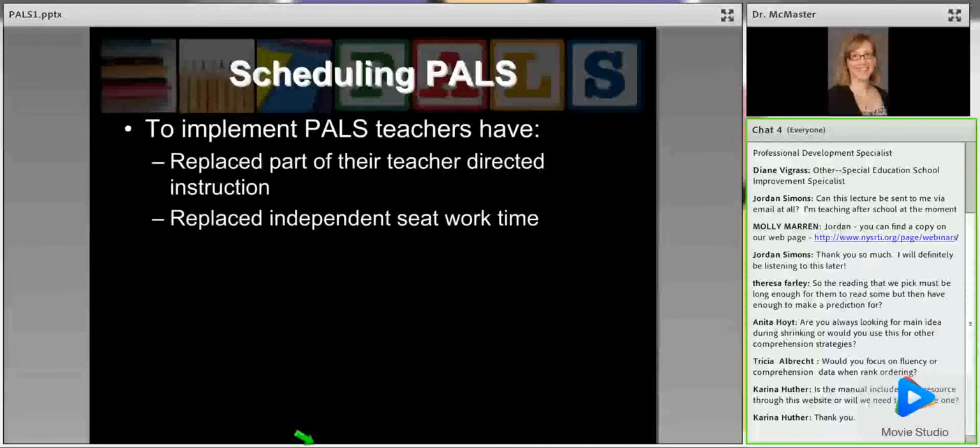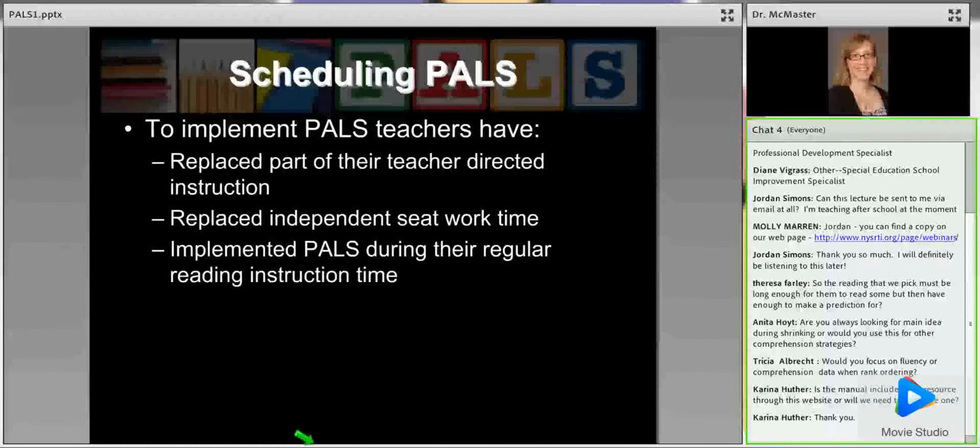Teachers have often replaced independent seat work time, where you might be expecting kids to read independently. This is a great way to ensure that they are engaged in reading appropriate text. Or during your regular reading instruction time, if that's similar to number 1.